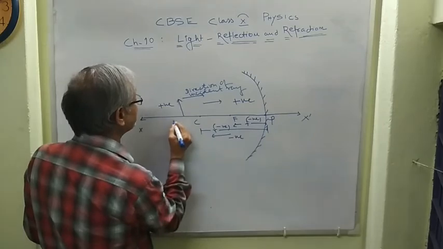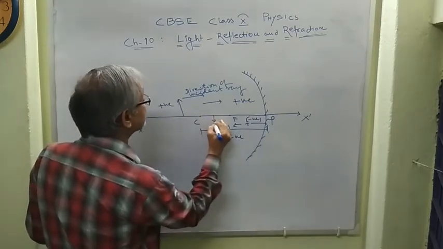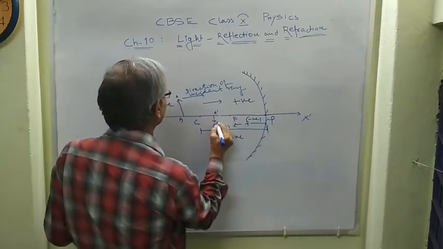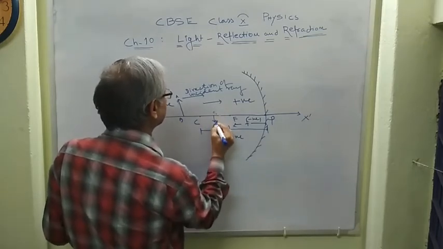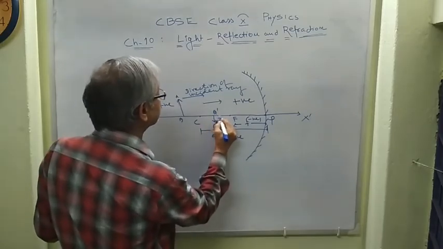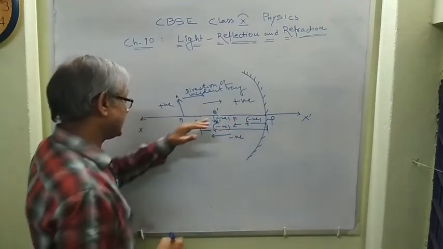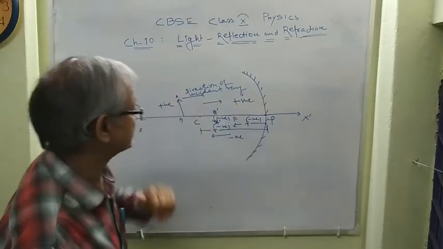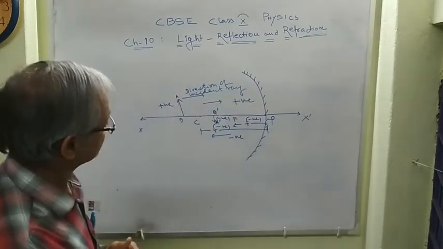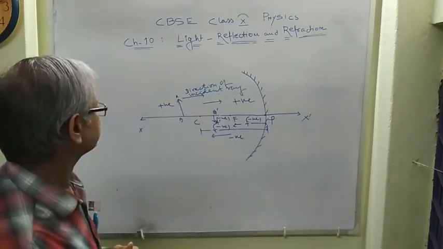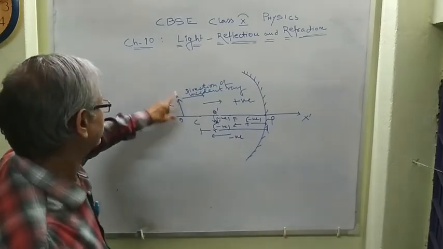And if below, like the image A dash B dash, then it will be negative, since the height is situated below the principal axis.